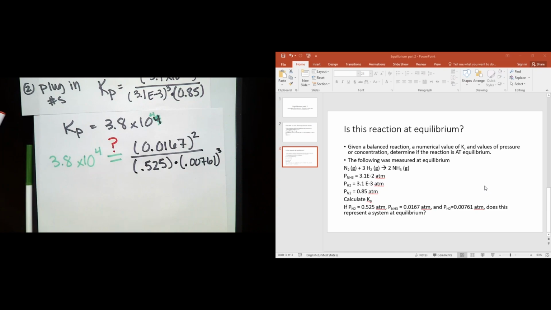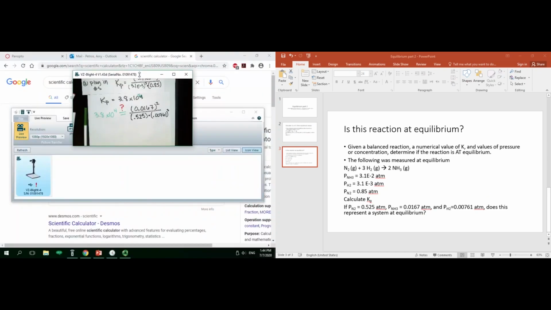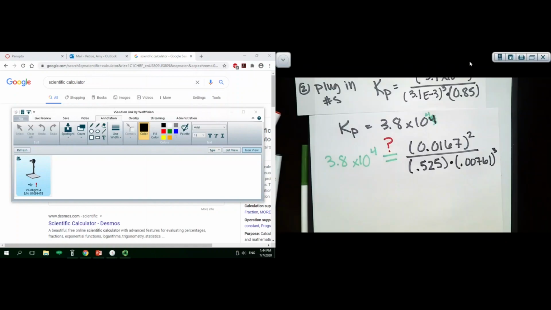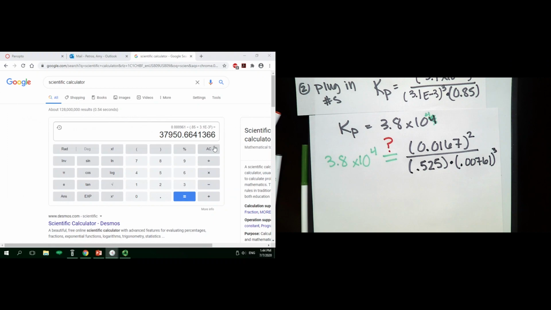So we're going to compute this and then ask the question, does it equal that value? If not, it's not at equilibrium. That's all we're doing. Is it at equilibrium? Well, does it equal the number? If yes, it's at equilibrium. If not, no.